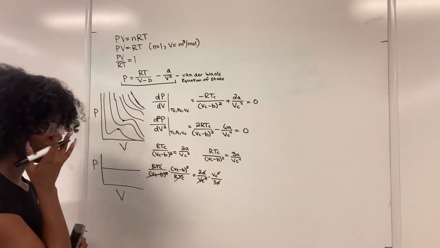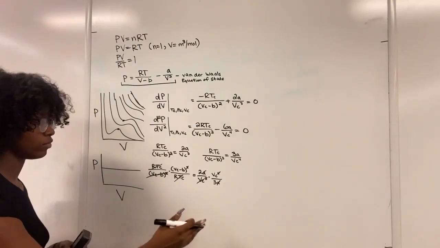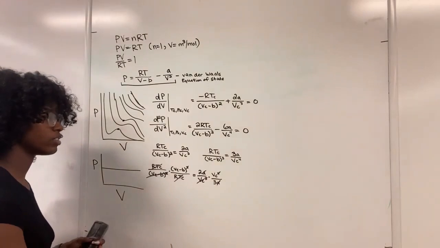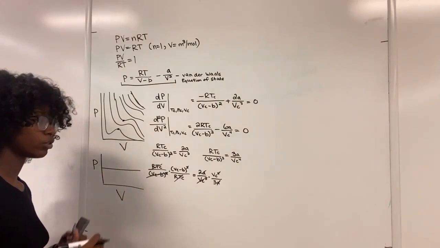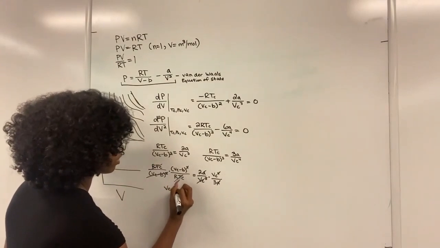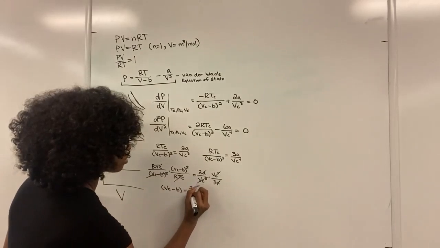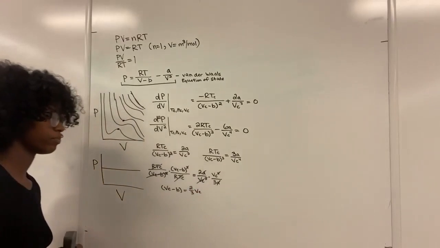So now we can write the raw form of this equation after we've done all the multiplication and algebra, so that we get the critical volume minus B is equal to 2/3 of the critical volume.